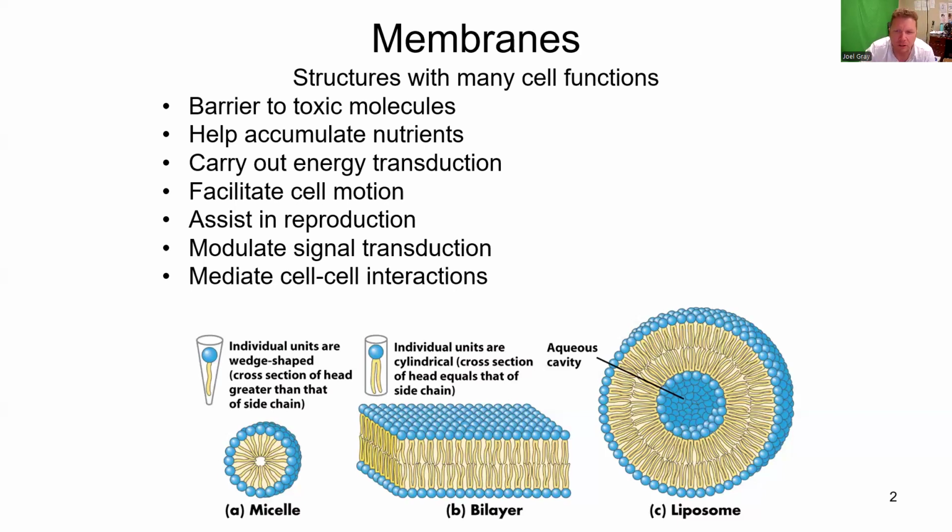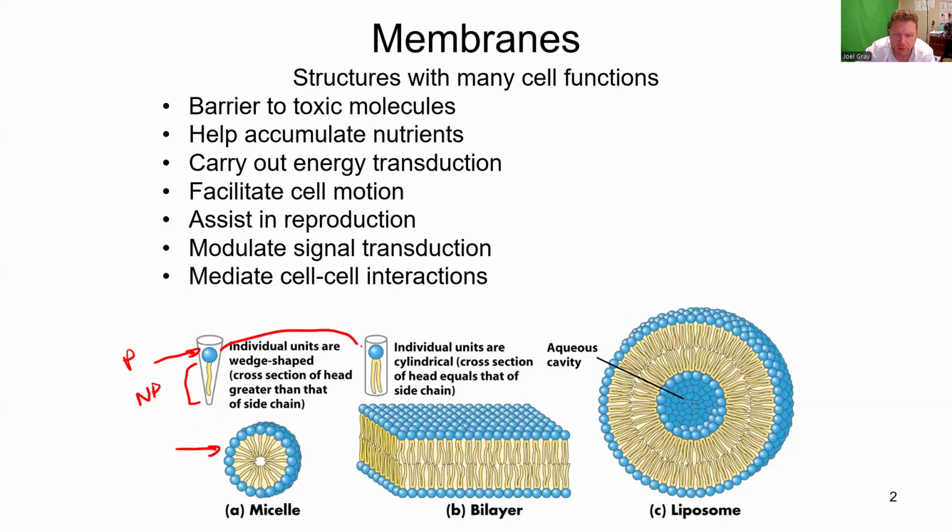Now, when it comes to membranes, there are three major structures that you need to be familiar with. They are a micelle, a bilayer, and a liposome. If we look at a micelle, what we see are a bunch of individual units, and they are wedge-shaped. Now, these individual units have a polar head group and a non-polar tail.